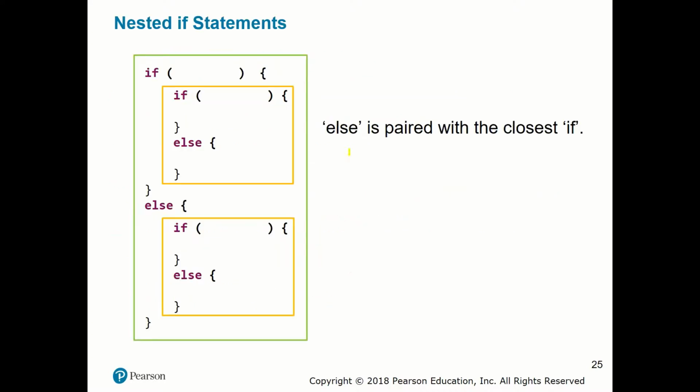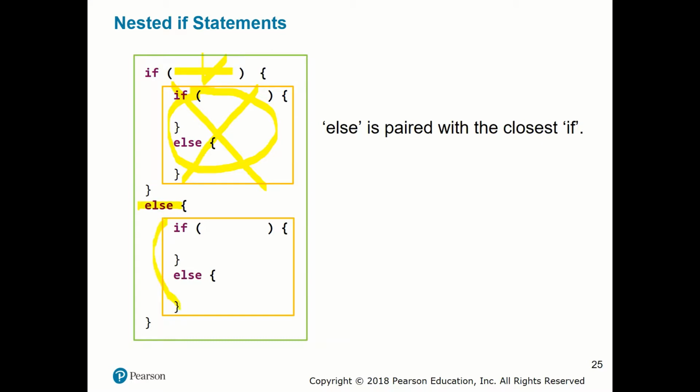At first, I show you this nested if statement. If this is true, then this if-else part will be evaluated. So this is another if-else. This is a nested if. If this is false, then all of this part, this block, will be skipped, and then program control goes to this else block.